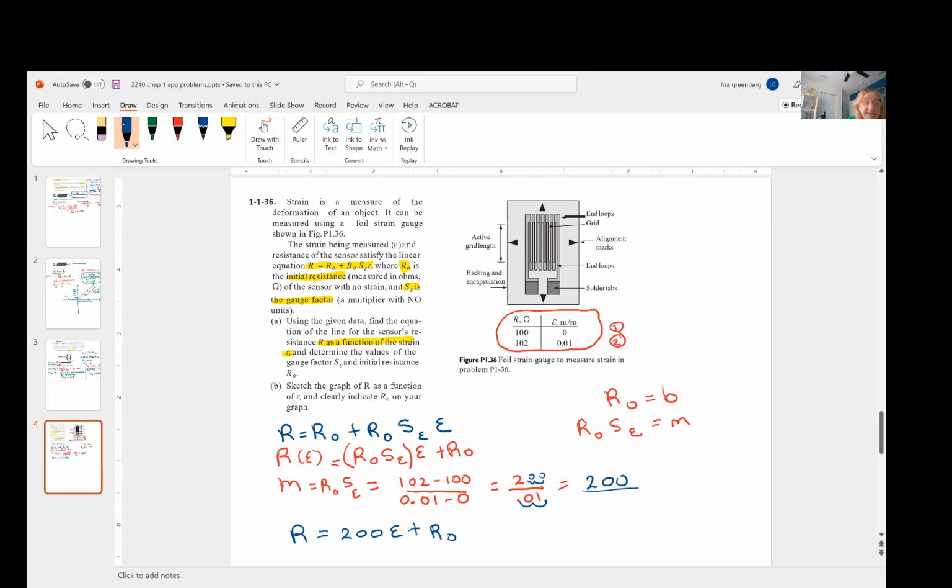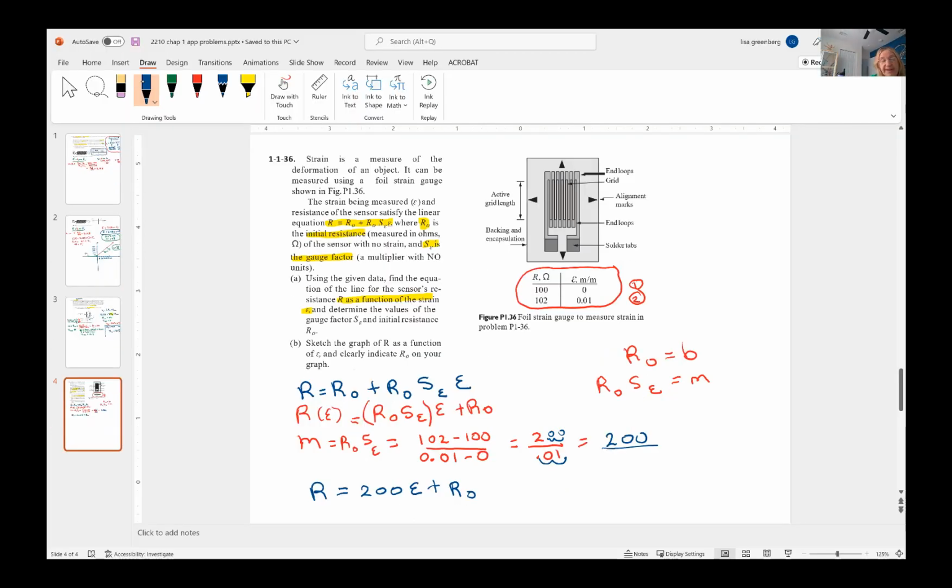And I don't know if you guys can see where R sub 0 is, but remember that R sub 0 is the same as the y-intercept. And whenever you want to find the y-intercept, you have to set x equal to 0. Here, our x is epsilon, and they actually give us the point when epsilon equals 0, which gives us my initial condition for R, which also is the same as giving me my y-intercept.